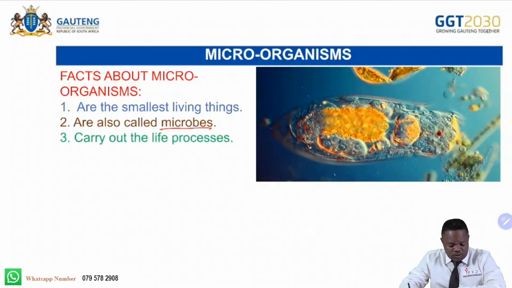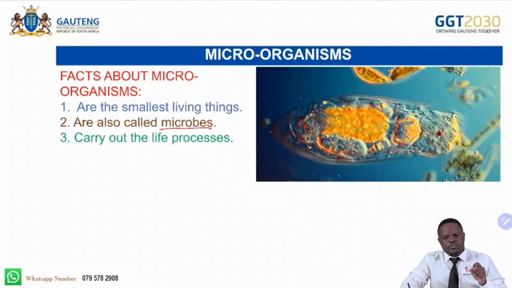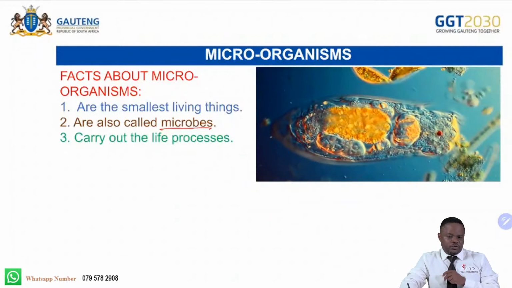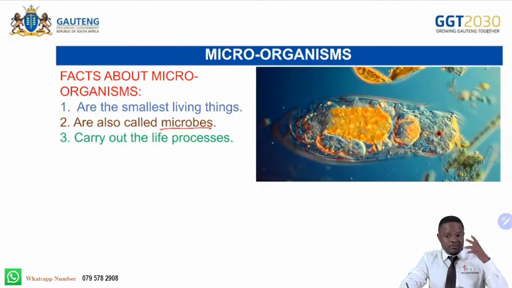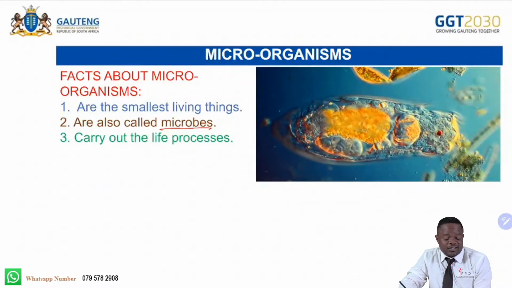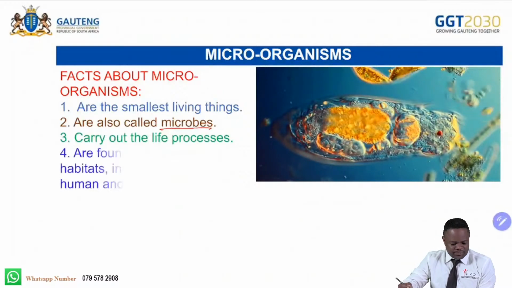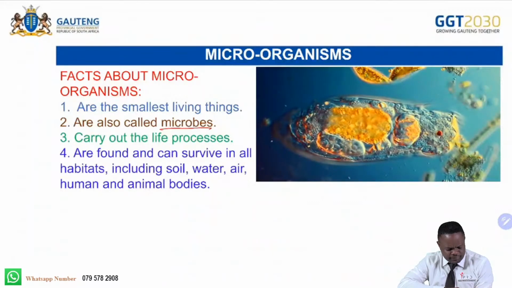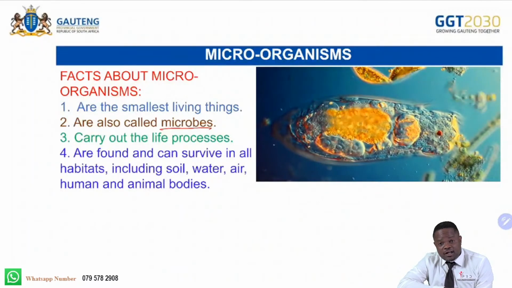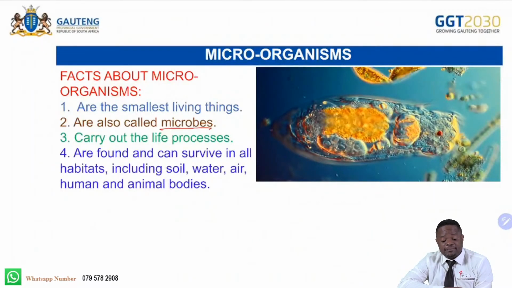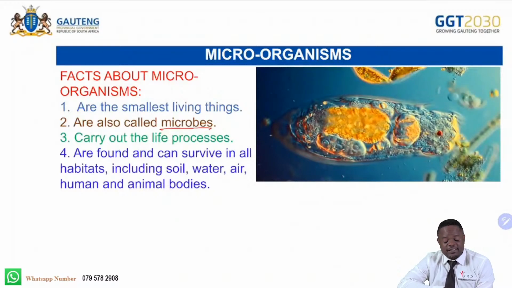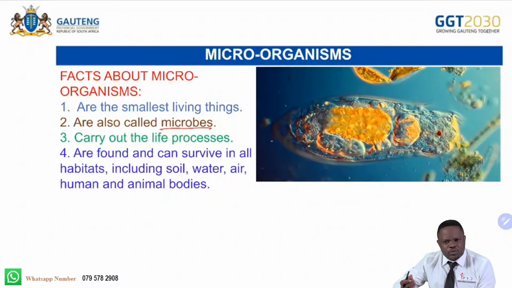Number three, what do we know about them? They carry out life processes. We've got one exception, the virus. We'll talk more about it. So they do carry out our life processes. Remember the life processes there. And then these microorganisms can be found in different habitats, including the soil.